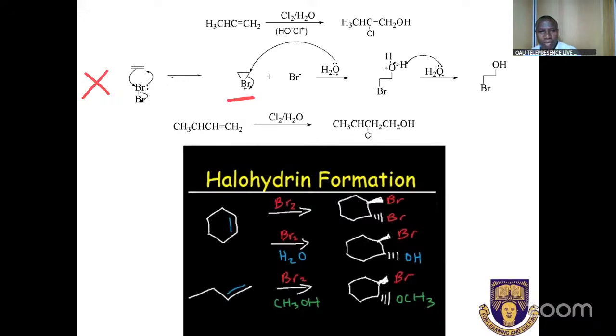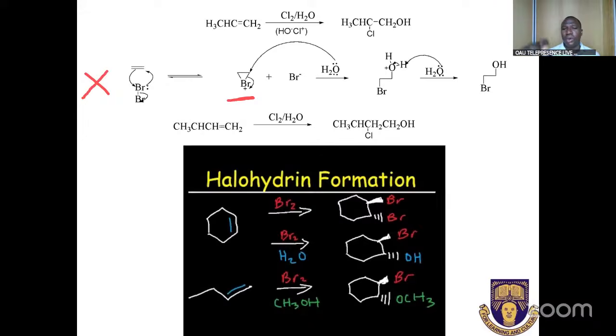So in the first step, bromine or chlorine reacts with the double bond to give us this three-membered ring, with the halogen in the ring. And then the water attacks from the opposite side. Remember that in the case of halogenation, it is the Br minus that attacks.